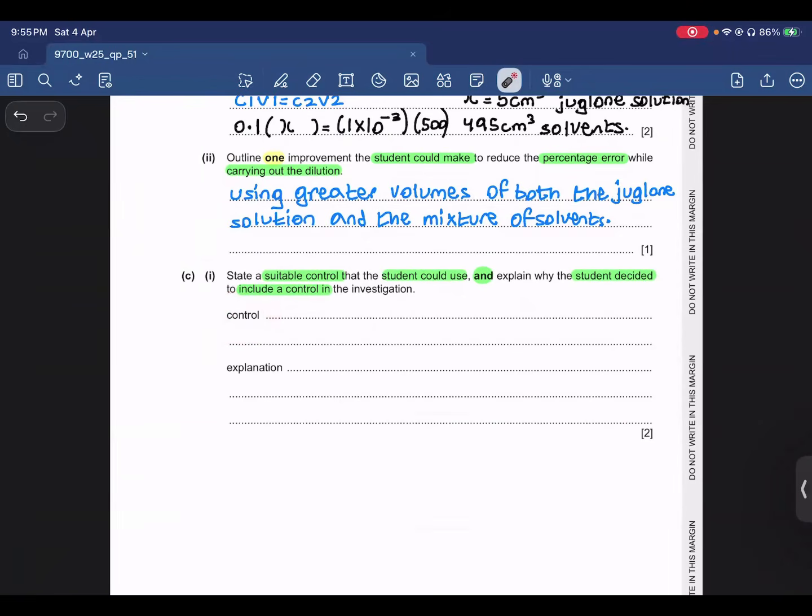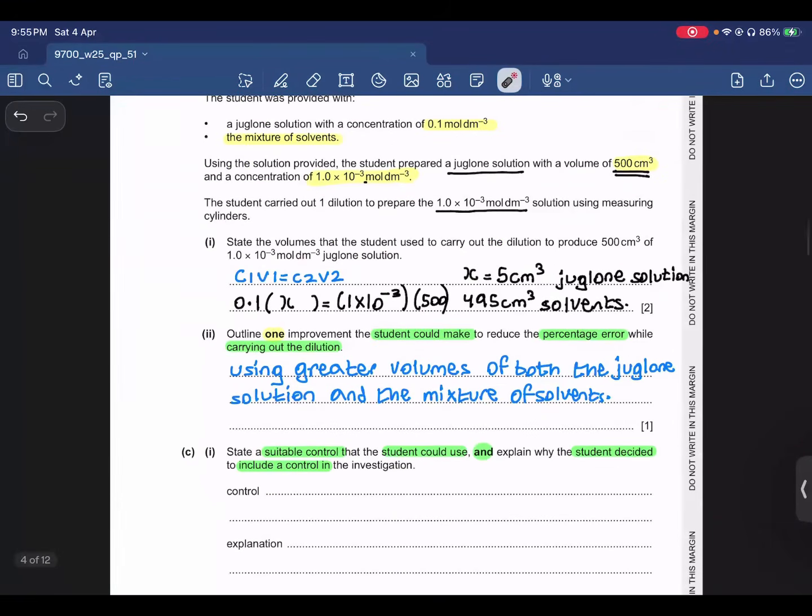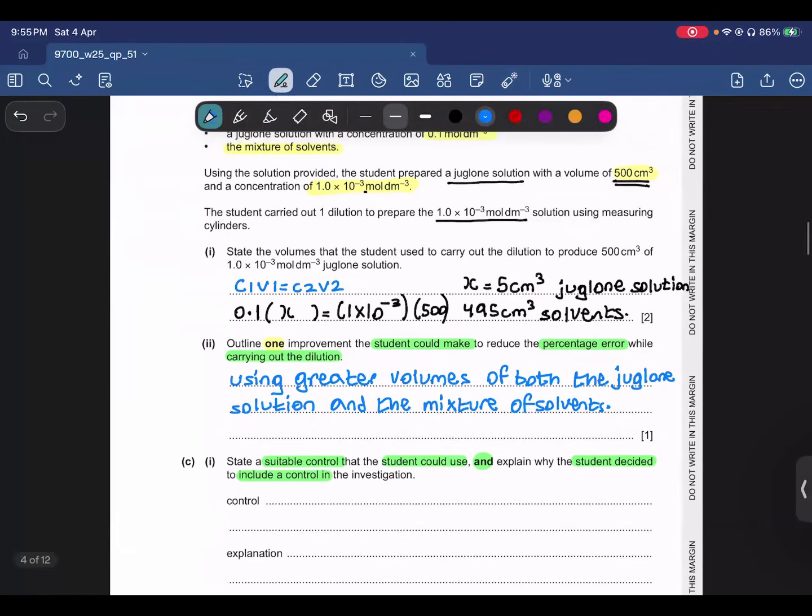What do you think should be the control experiment? Like we could use a mixture of like the other solvents. I think they were solvents. Yeah, solvents. So we could like use like that mixture, but we won't add juglone to that.